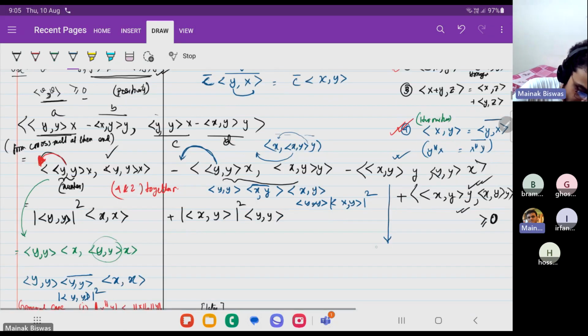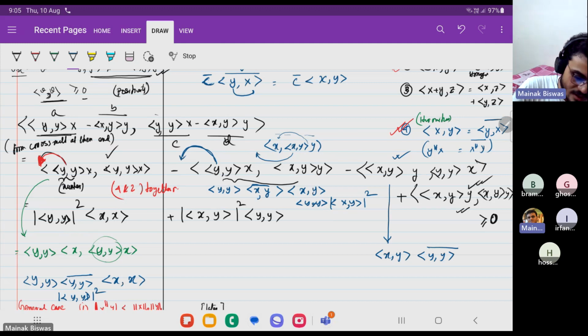This will become xy yy bar and you will have xy complement. Yes or no? Just check once. Is it correct?